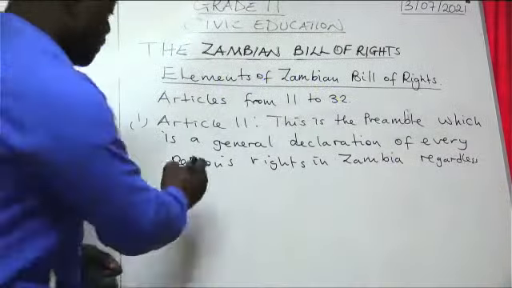Article number 17. Now, article number 17 looks at the protection of privacy of home and other property.